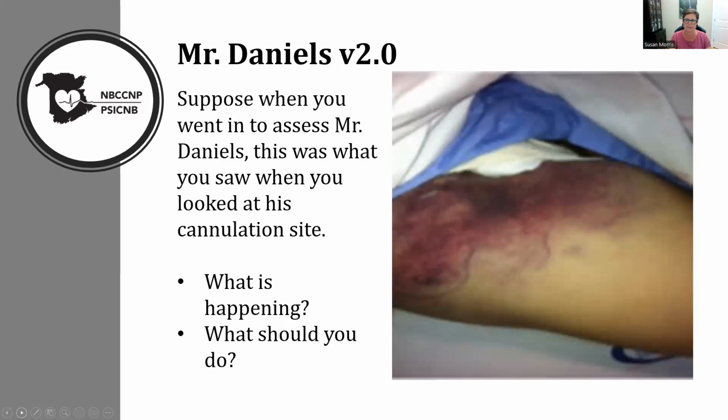Let's say that Mr. Daniels did not bleed out. But when you go in to assess his insertion site, you see this large area of discoloration. And when you palpate the insertion site, you feel a large hematoma.